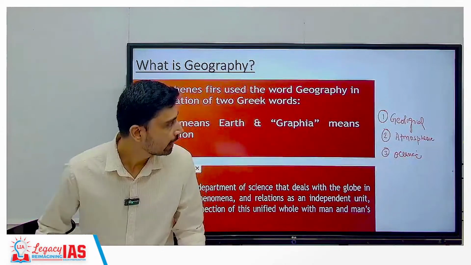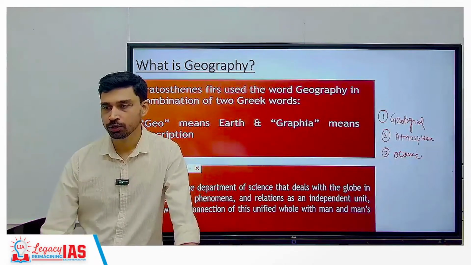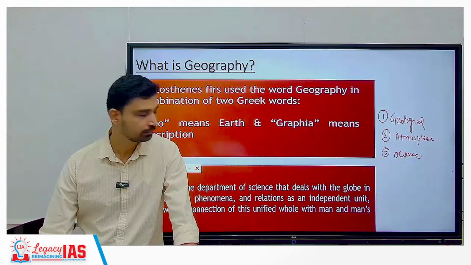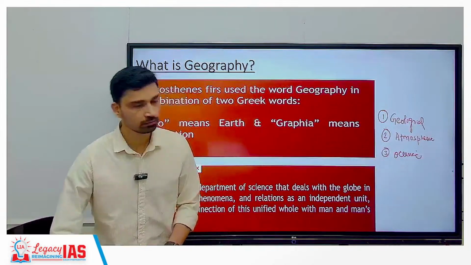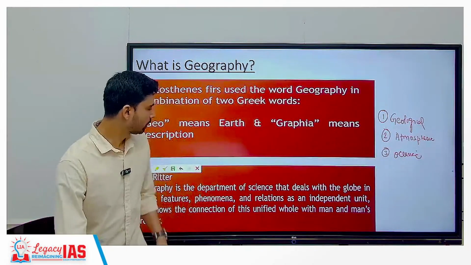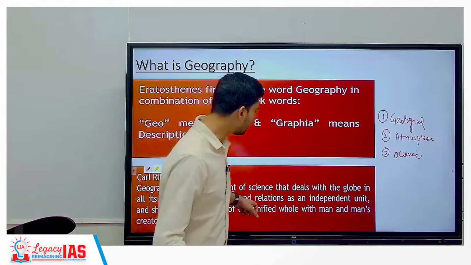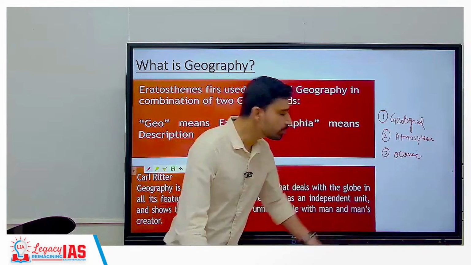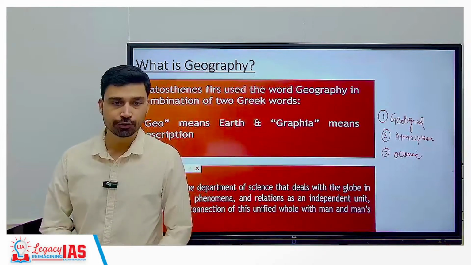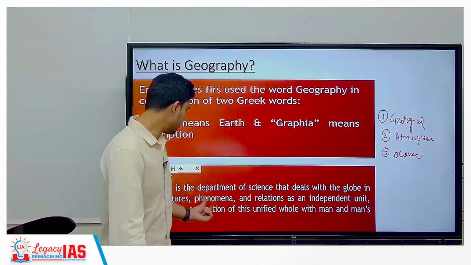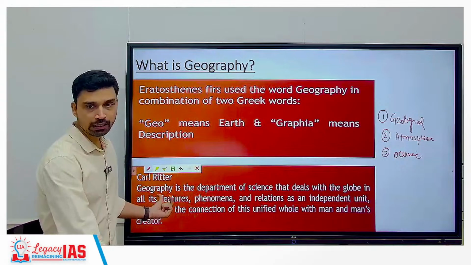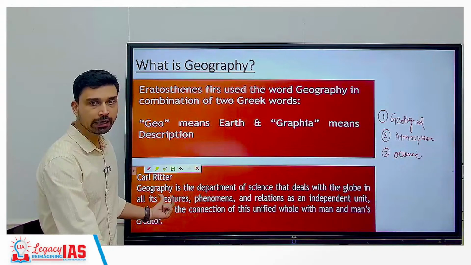Geological, atmospheric, and oceanic phenomena. And last is what? And relations as an independent unit. Relations between what? Between each of the phenomena that we have discussed, as well as the features that are developing on the Earth's surface. They are related to each other.